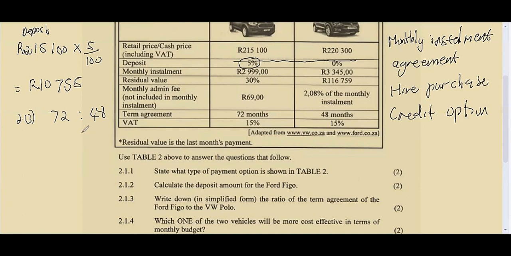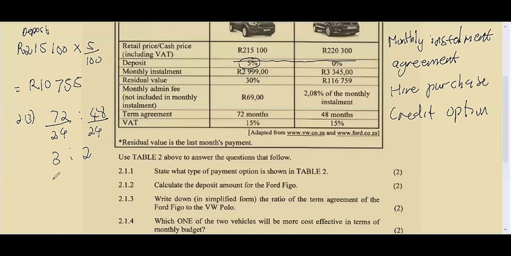Then at this point, we obviously have to check for the highest common factor between these two values here. So the highest common factor is 24. 24 can go into 72 3 times, and then 24 can go into 48 2 times. Then your simplified form in ratio form is 3:2, right?